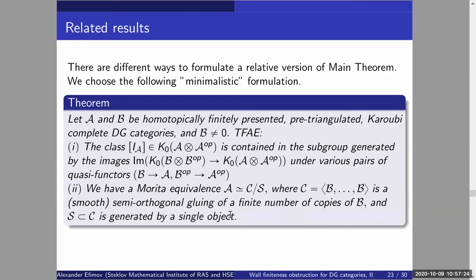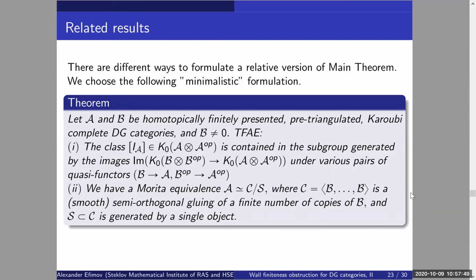I could add here a third condition where everything is the same, but I just remove the assumption of being generated by a single object, because even if you have a localization in the weak sense from C to A, this already guarantees condition 1, and then you can apply the inverse implication.